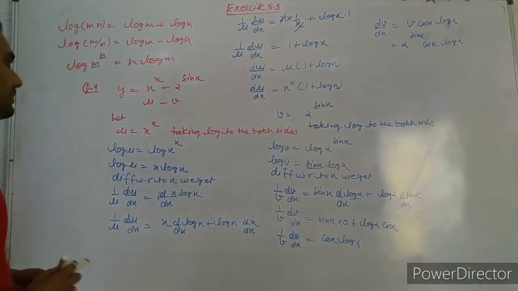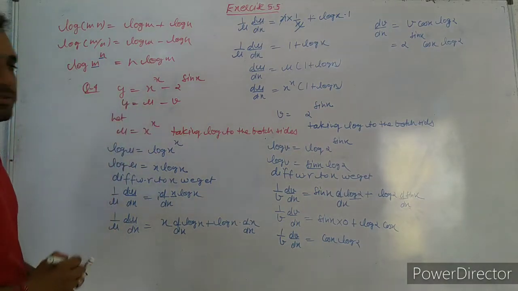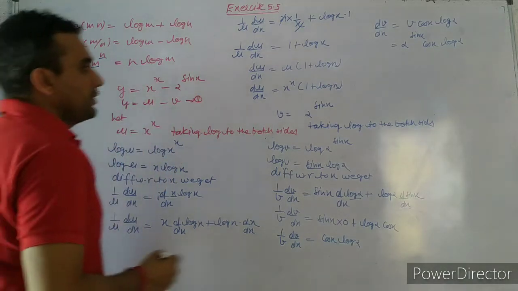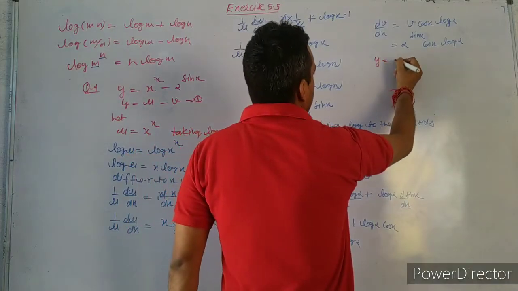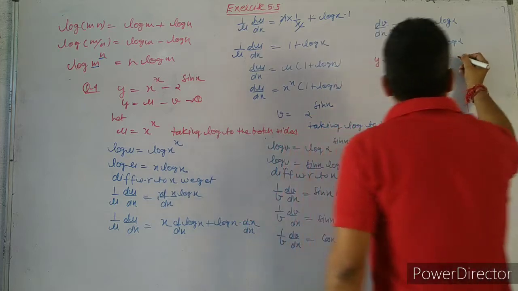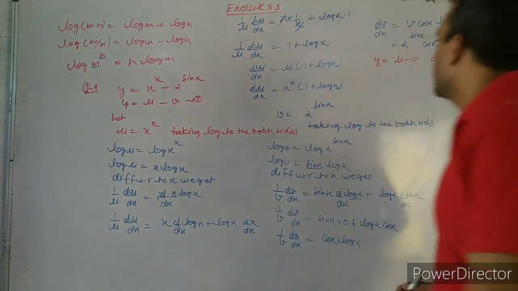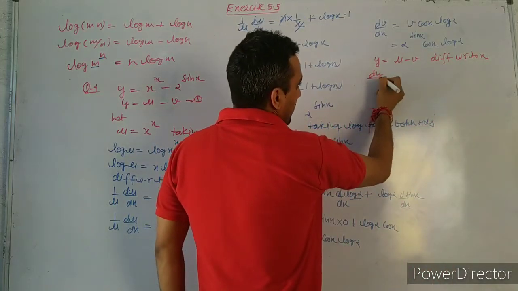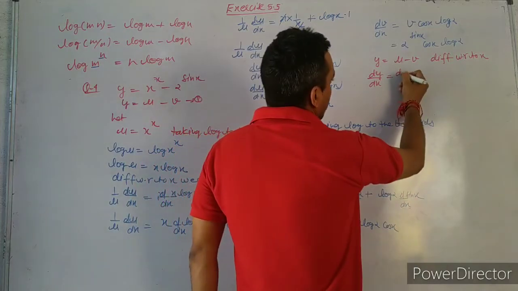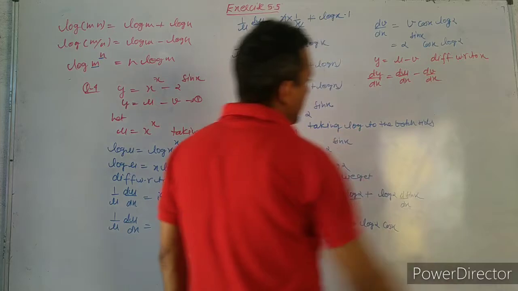Now the function given to me is y equals u minus v. So if we differentiate this, we have y equals u minus v. Differentiating with respect to x gives dy upon dx equals du upon dx minus dv upon dx.